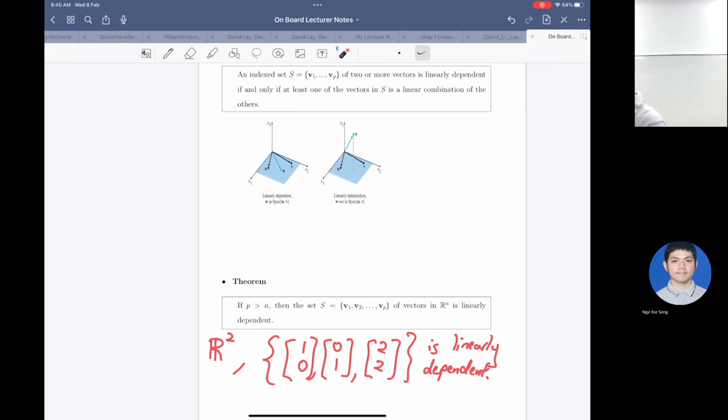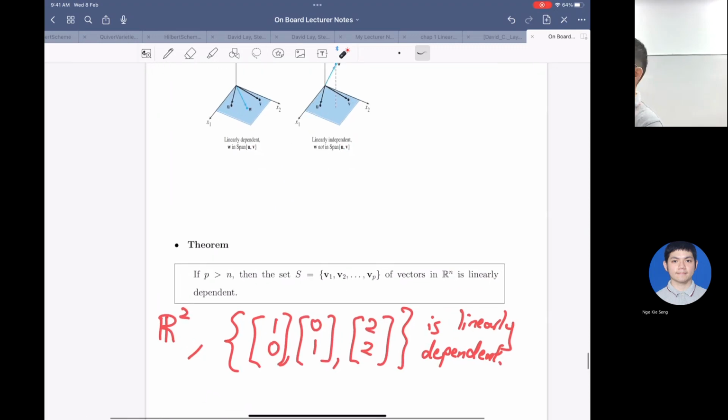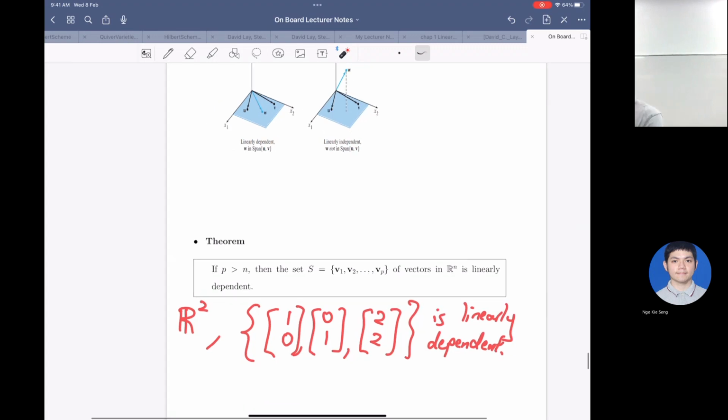So which one can be written as a linear combination of the other two? Which vector can be written as the linear combination of the other two? Any idea?